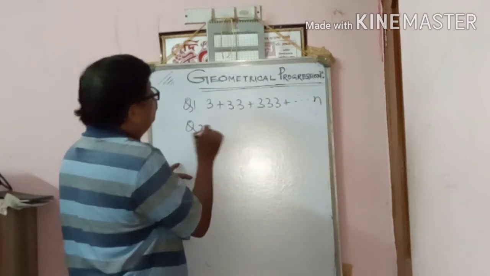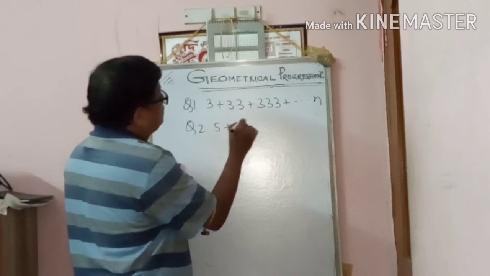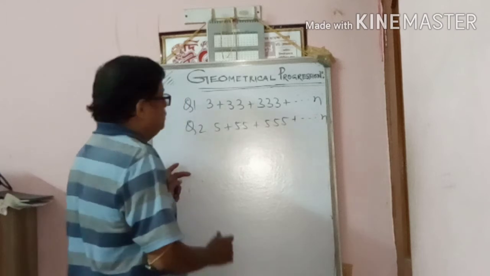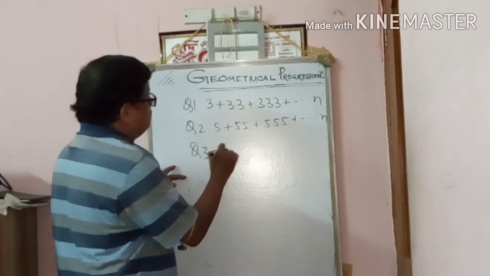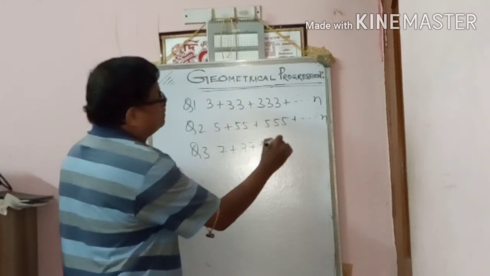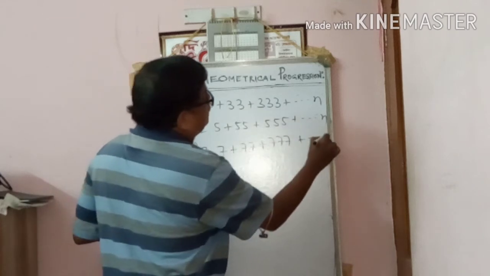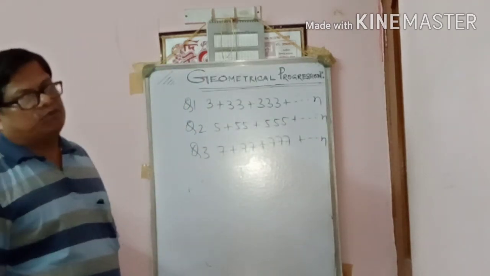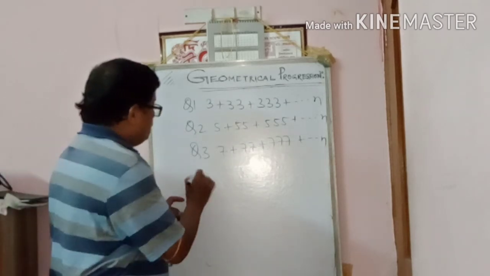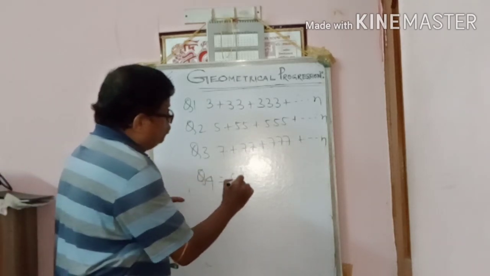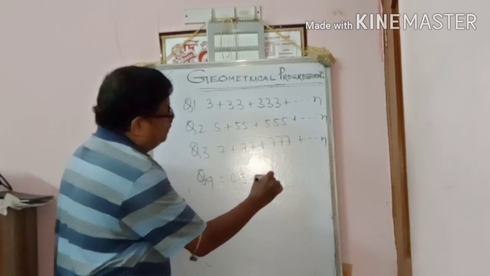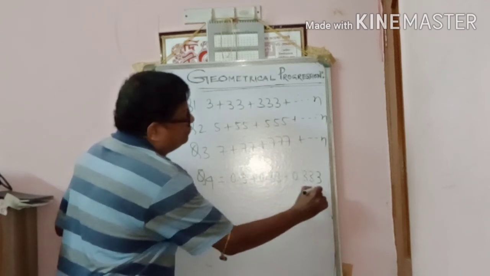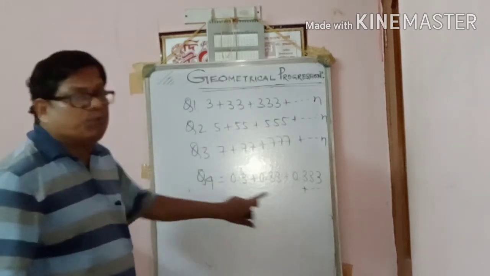Question 2: 5 plus 55 plus 555 plus up to n terms. Question 3: 7 plus 77 plus 777 plus up to n terms. Question 4 has decimals: 0.3, 0.33, 0.333, just showing this one.